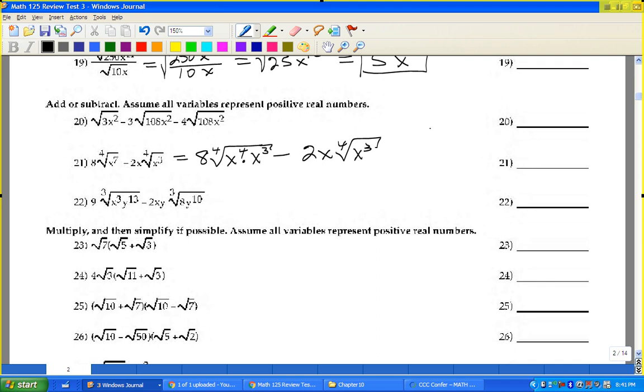And so I have here 8 times the fourth root of x to the fourth, which is, again, x, since x here represents a positive real number, times the fourth root of x cubed, minus 2 of these x rad 3's. And so 8 of them minus 2 of them are 6x rad 3.